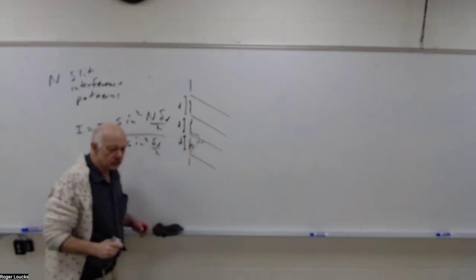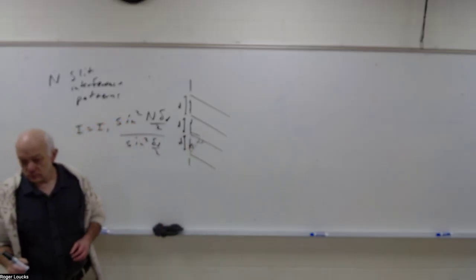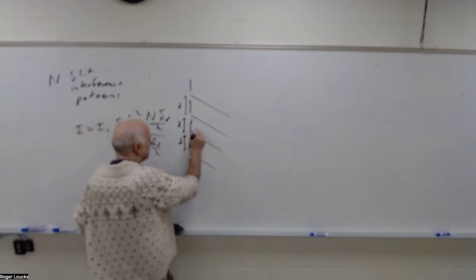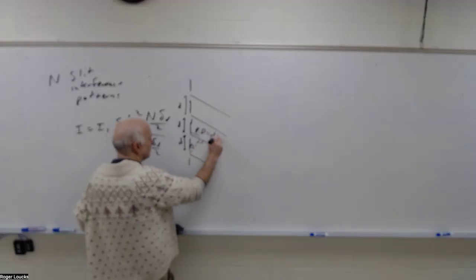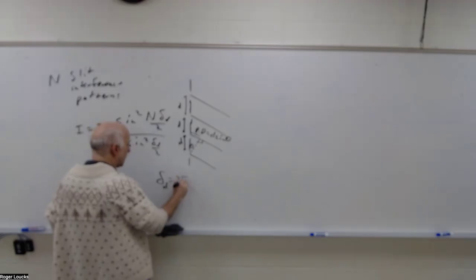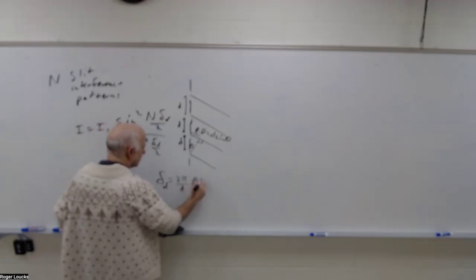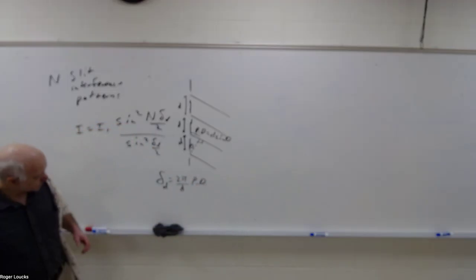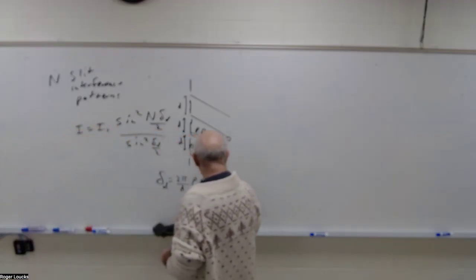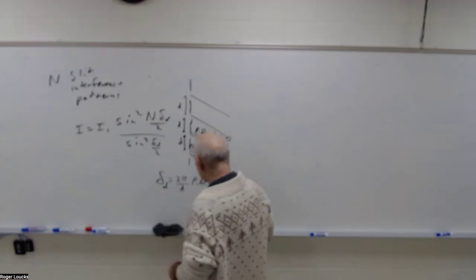So my little path difference is D sine theta. But our phase difference is 2 pi over lambda times the path difference, so delta D is 2 pi over lambda times D sine theta.